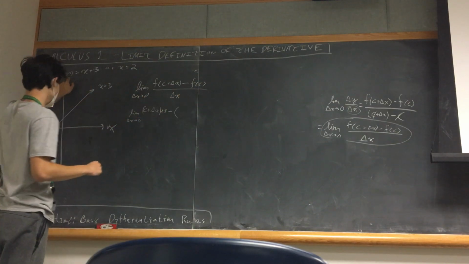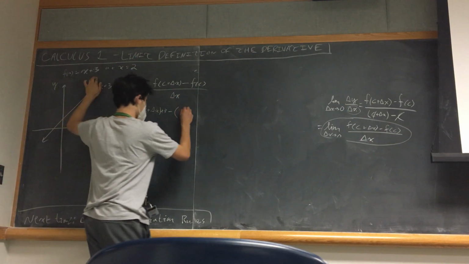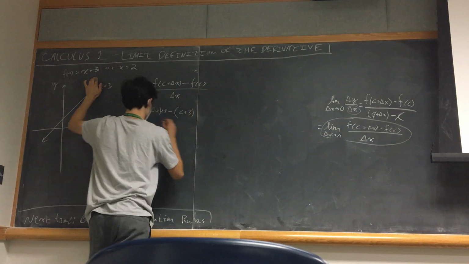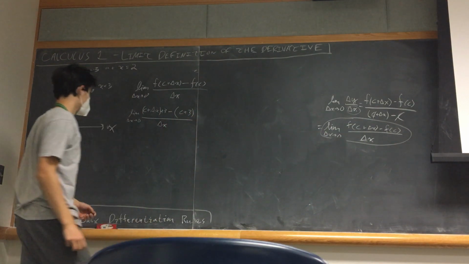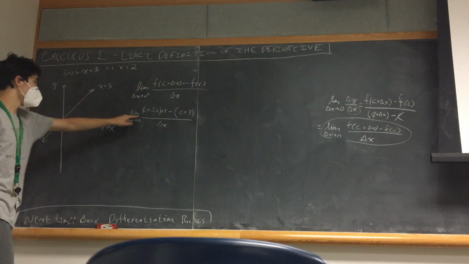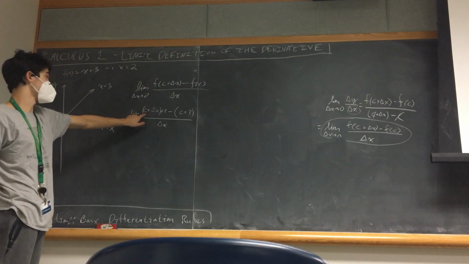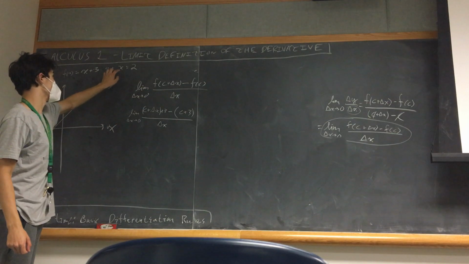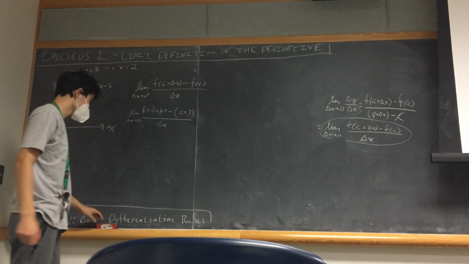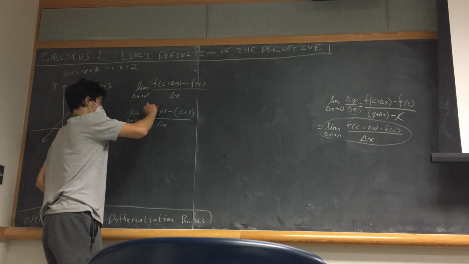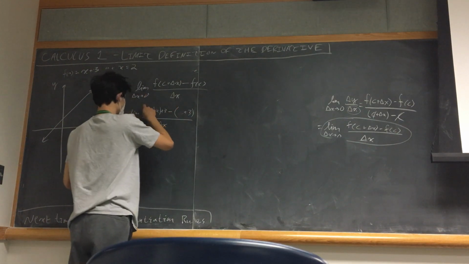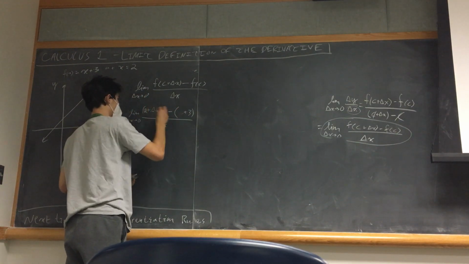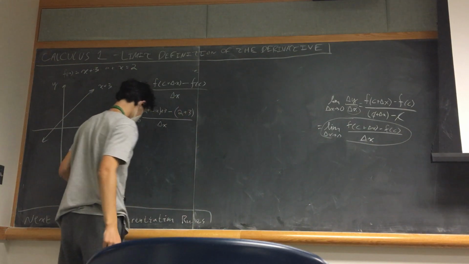We plug c in, we get c plus 3, all over delta x. Now, in this case, we know that our c value, the value where we're trying to find the derivative, is x equals 2. So let me just erase these c's and put a 2.